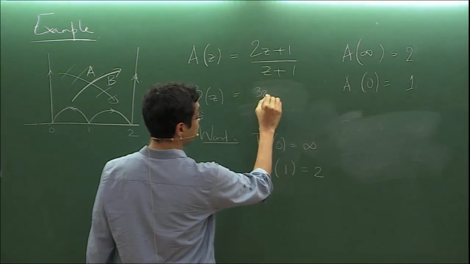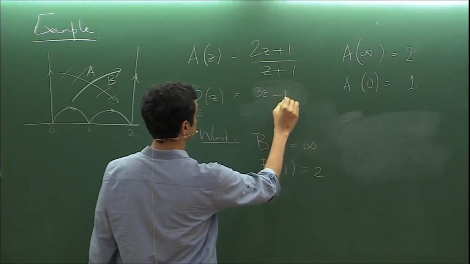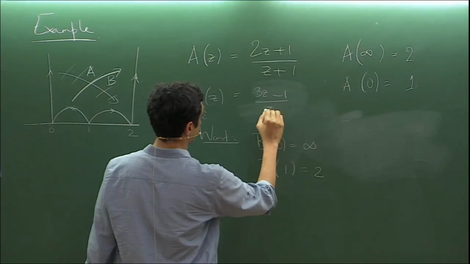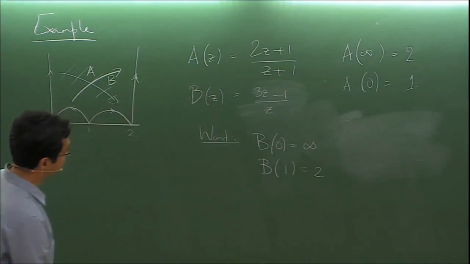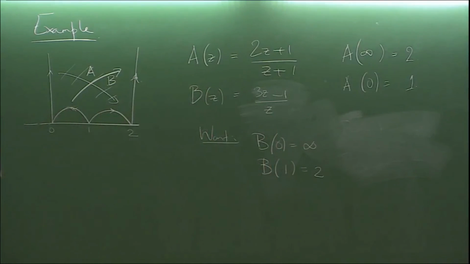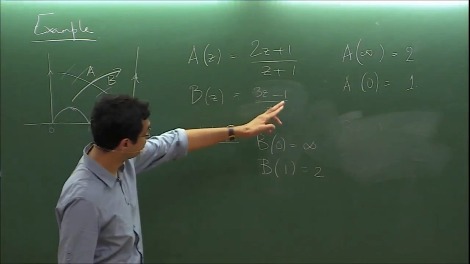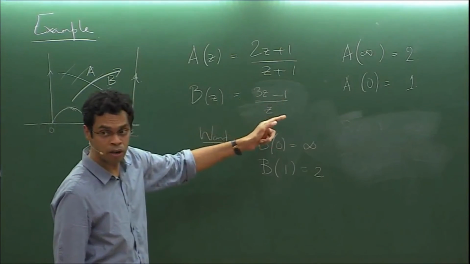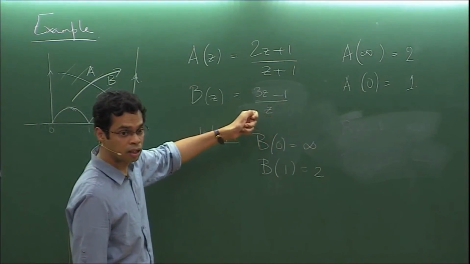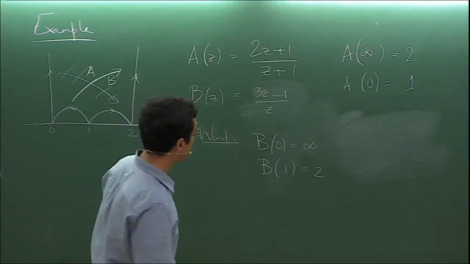So 3Z by Z. Okay, this seems to do the job, and this is a hyperbolic element. No, this is okay, right? It's 3, 0, determinant 1. It's okay. So this works.